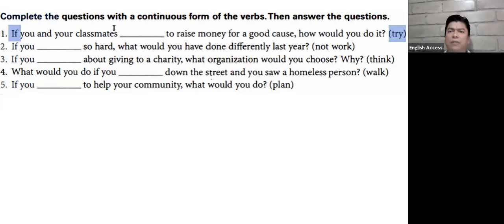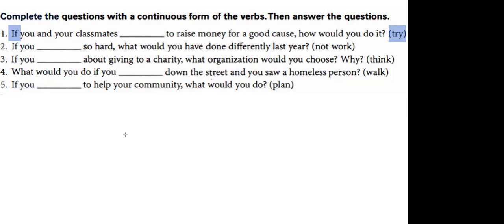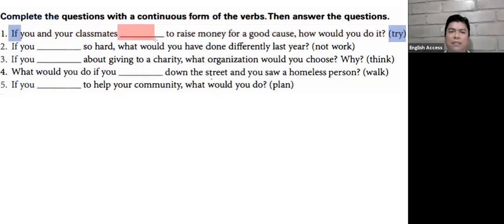Is this in the past or in the present? It's in the present. So how do you complete this?